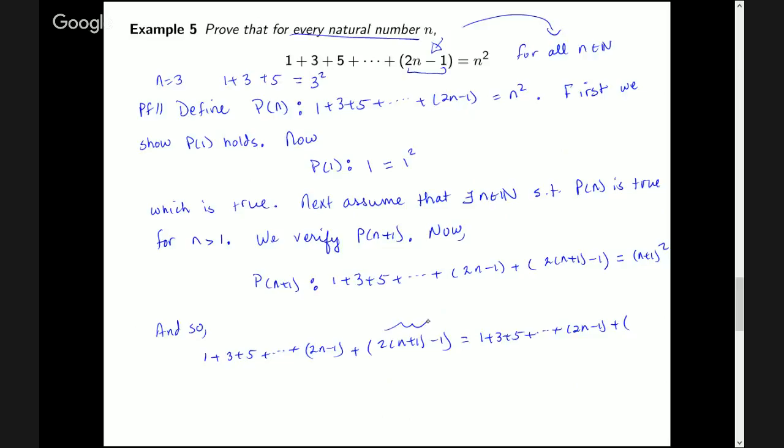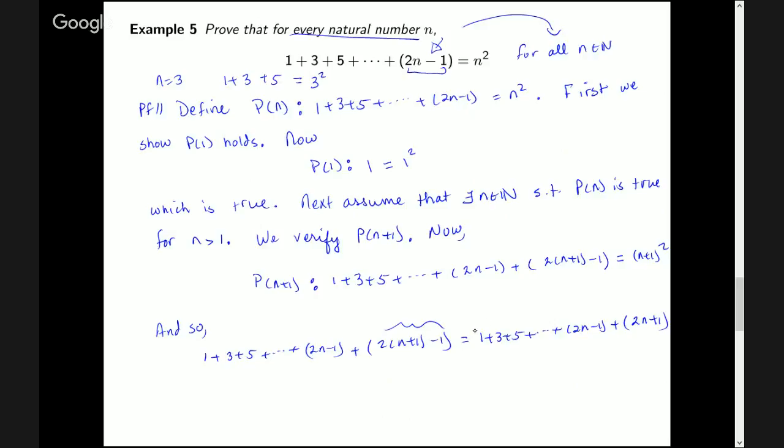I'm asking you to simplify that right there. It's hard to say the parentheses. 2n plus 1. Yeah, this is only arithmetic. There are so many parentheses there. Yeah, it's hard to tell.